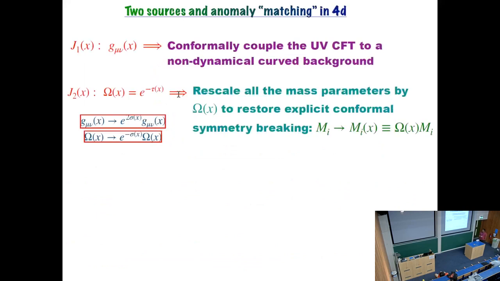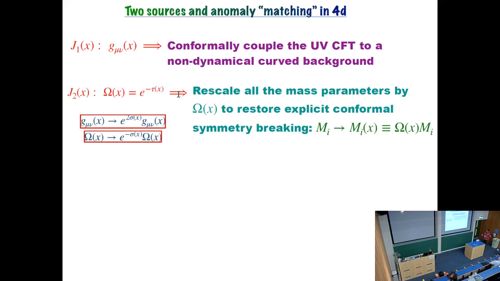For the sake of simplicity, I will only consider two sources. One is a background gravity, which is a non-dynamical metric: we place the UV CFT in a non-dynamical metric background and conformally couple the theory so that there is Weyl invariance. After the deformation, it breaks the Weyl symmetry. To restore the Weyl symmetry, we introduce another field called omega, a compensator field, which compensates the explicit Weyl symmetry breaking.